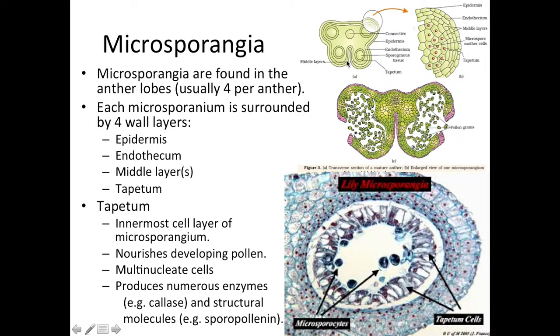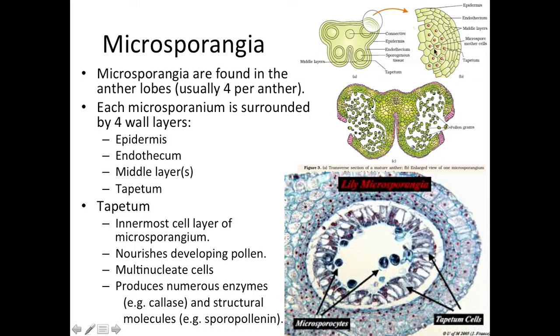Here's another anther, and inside that anther you also have two lobes with two microsporangia. So the anatomy of the microsporangia consists of the microspore mother cells being located in the innermost tissues.